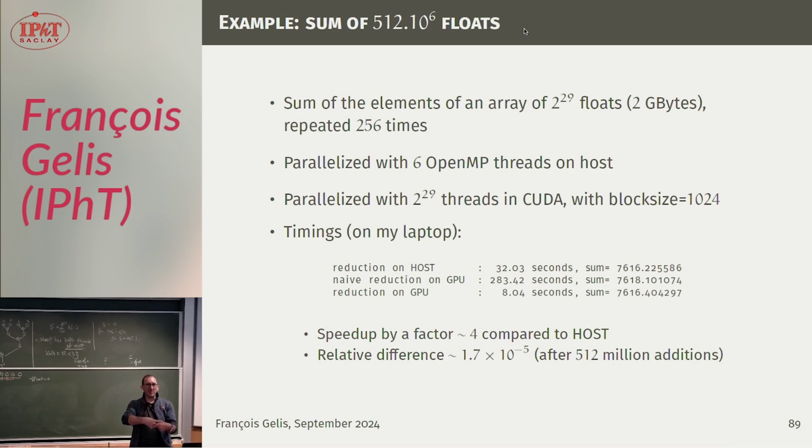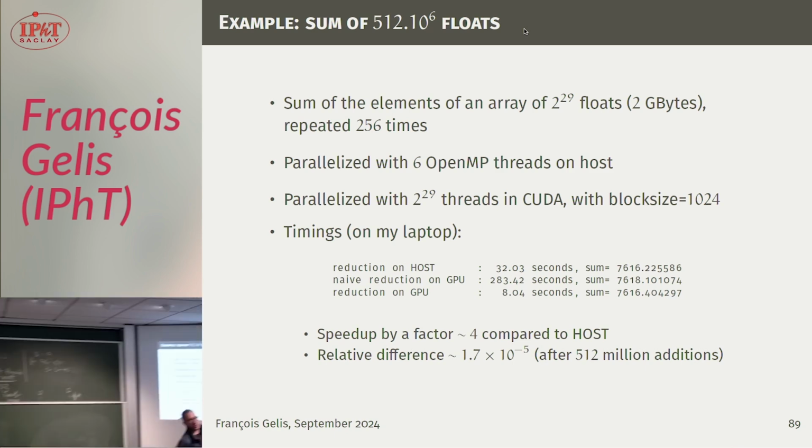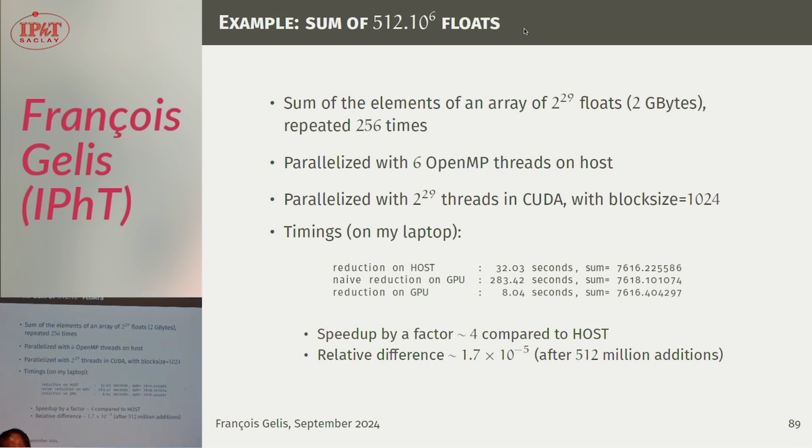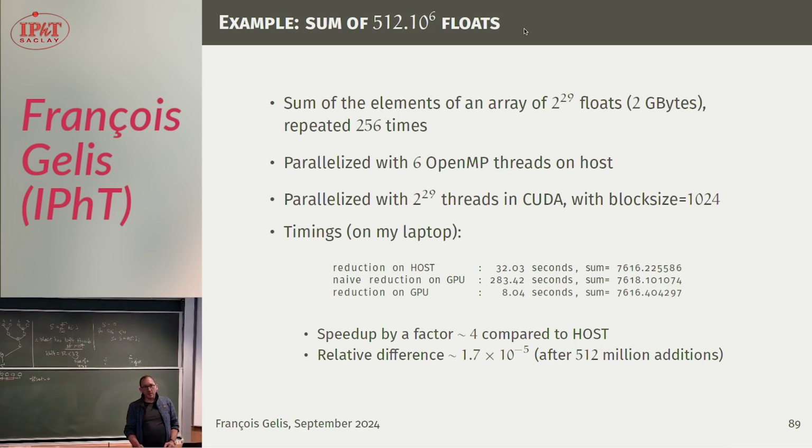Sometimes the error is positive, sometimes the error is negative. So overall, the final error is less than 500 million times the error for one operation. But it's not too surprising that the sums start differing after either the fifth or the fourth digit, given the accuracy of each operation and the number of operations you do. It's a basic and a sad fact of life with single precision, I'm afraid.